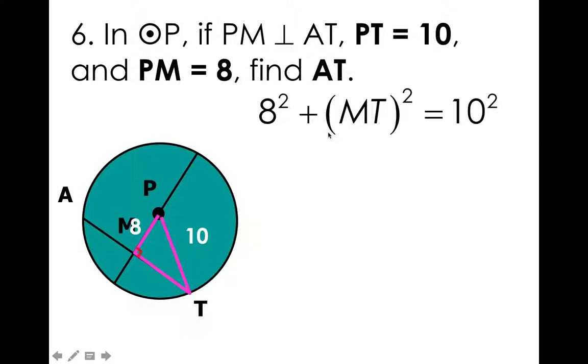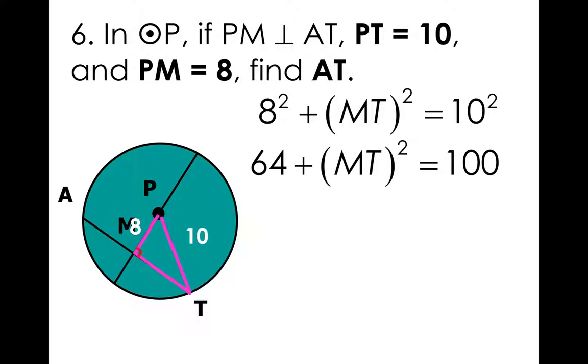Well, if we look at this, the next step would be to basically simplify the exponents. Subtract 64 from both sides. And then I need to take the square root of both sides. And once again, these are your notes.